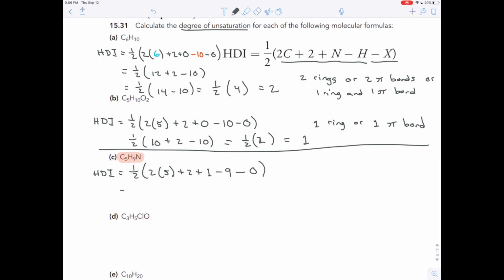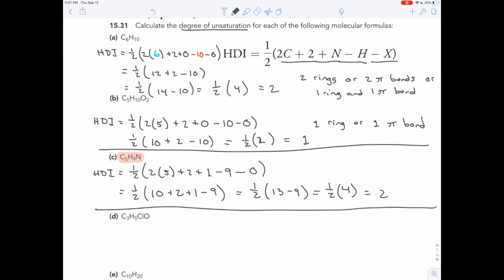So that's going to be 1/2 times 10 plus 2 plus 1 minus 9, or 1/2 times 13 minus 9, or 1/2 times 4, or 2. And so what that means is that you have 2 rings, or 2 pi bonds, or 1 ring and 1 pi bond.